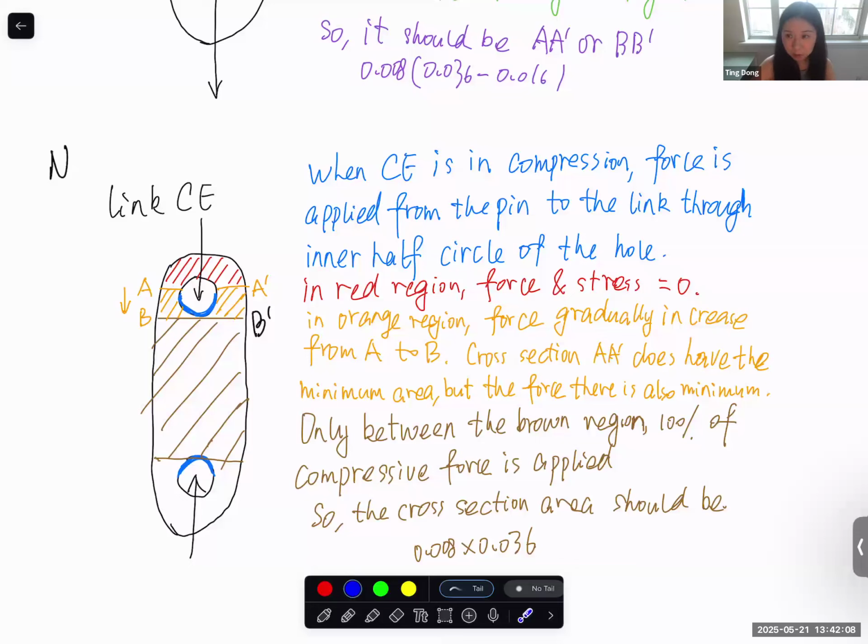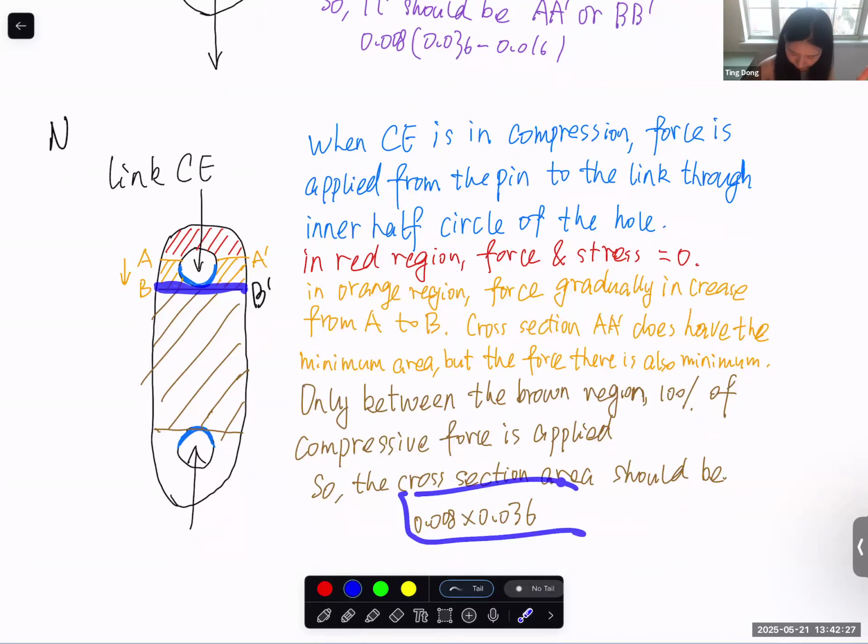How it increases, based on what we learned so far, we don't know. But we know it's 100%, the maximum, here. That's why when we calculate the normal stress caused by compression, we need to use the entire cross-section area, which is this one. Does this make sense or not?